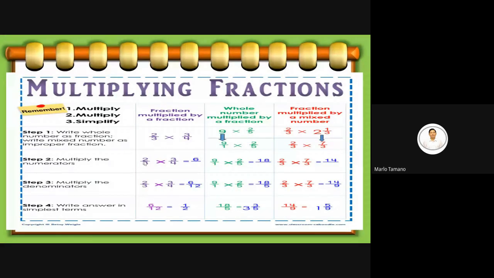Okay, multiplying fractions. The table is divided into 4 columns. In the first column are written all the steps to be followed. Then the second column, we have example number 1, a fraction multiplied by a fraction.